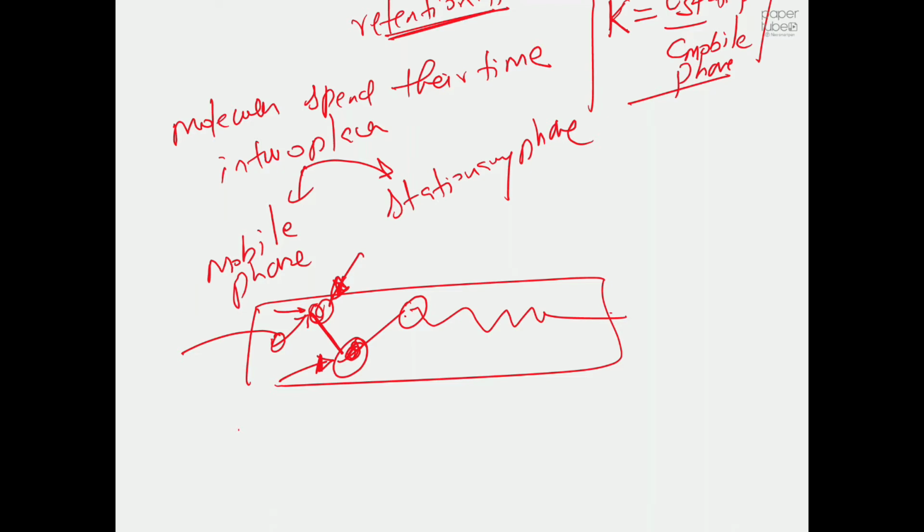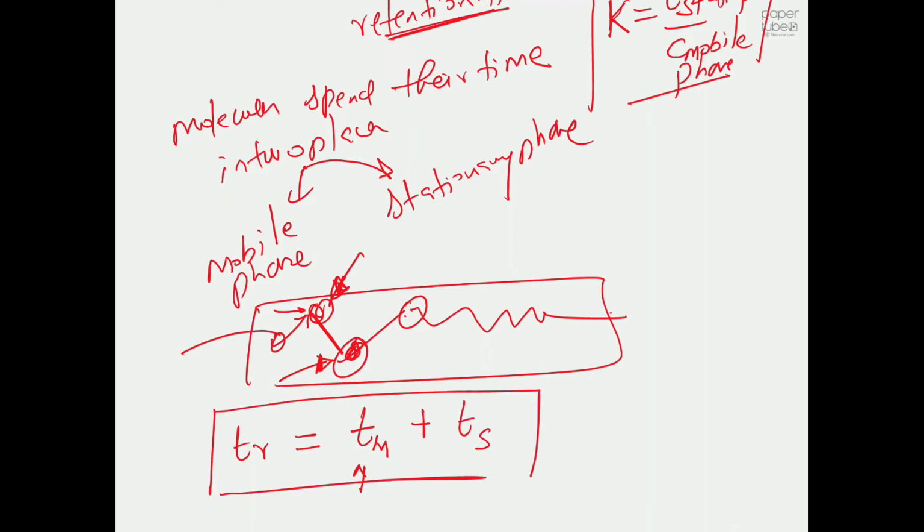So let's call TR our retention time. That will be equal to the retention time of your analyte in the mobile phase, let's call it Tm, plus the retention time of your analyte in the stationary phase, let's call it Ts. If you want, you can give some equation number.